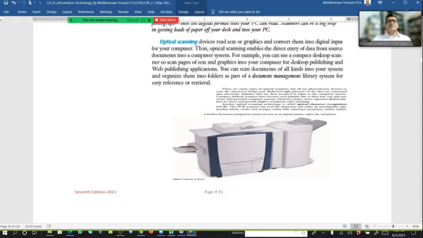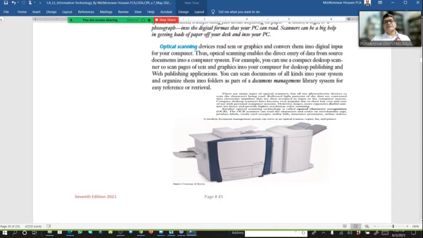This is the optical scanner device, which reads text and graphics and converts them into digital input for your computer. For example, if you have a PDF file, you can convert it into a Word file. It makes the work easy because you can rectify it.